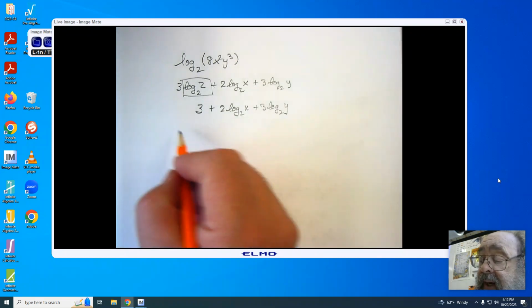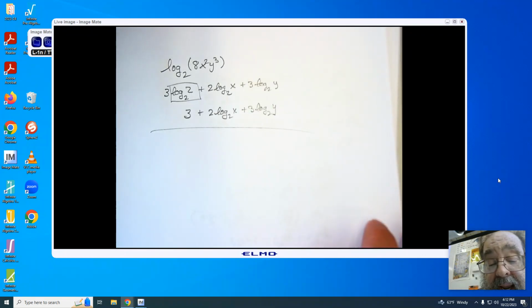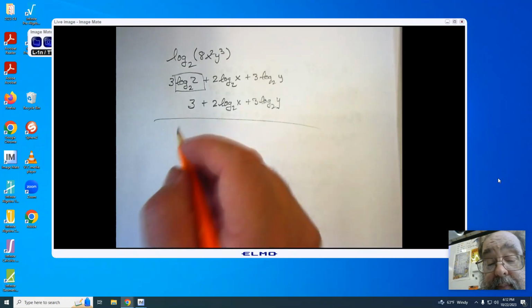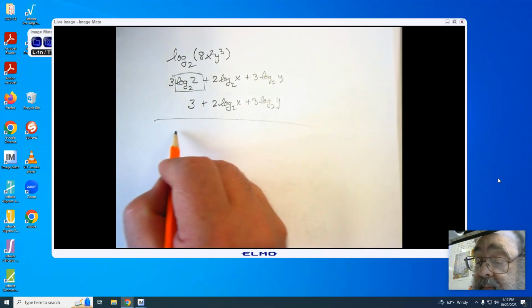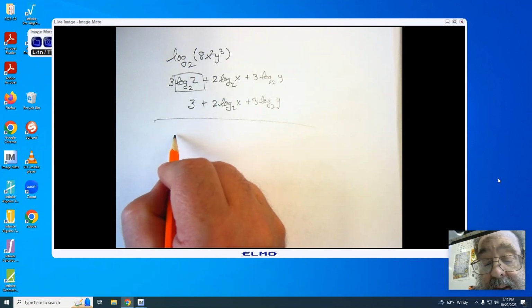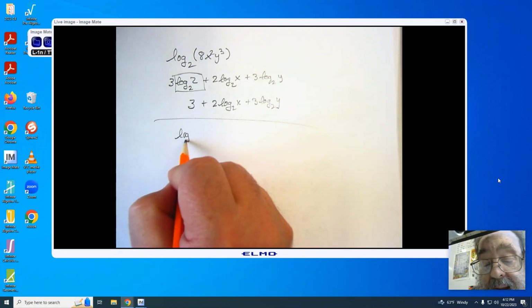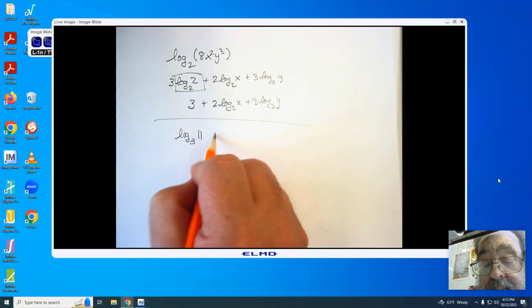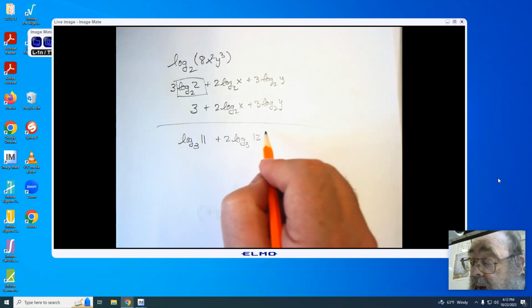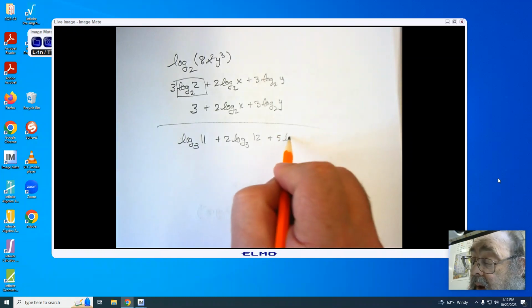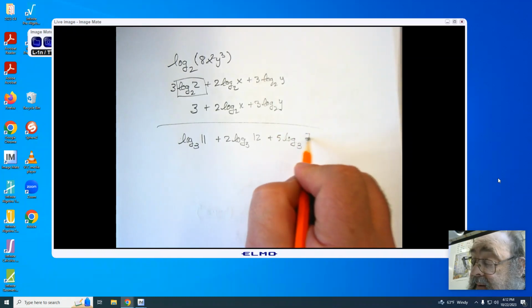Let's take a look at the next group where we are going to condense into a single logarithm. And let's see, we have log base 3 of 11 plus 2 log base 3 of 12 plus 5 log base 3 of 7.